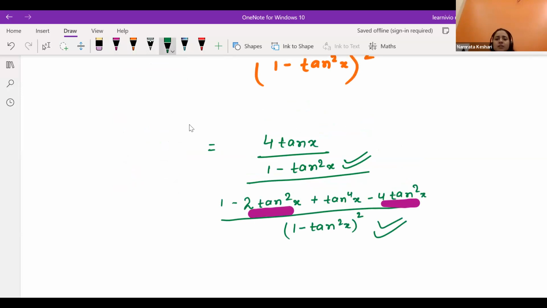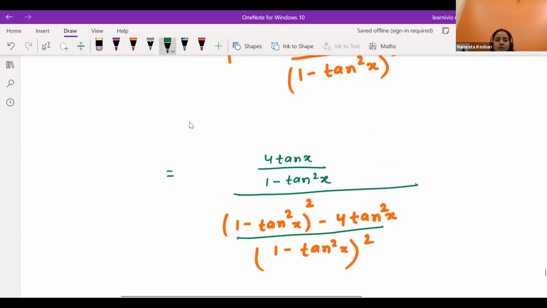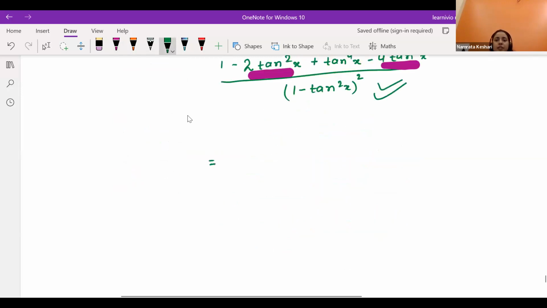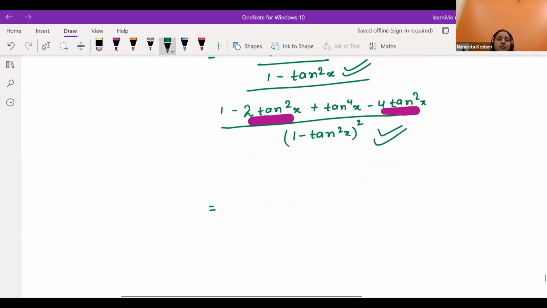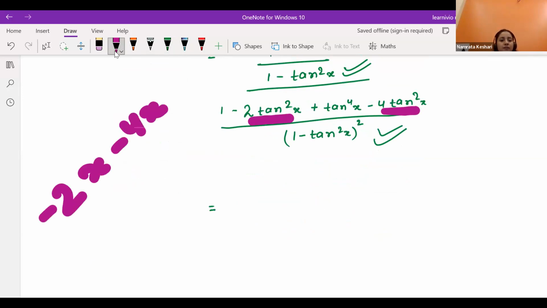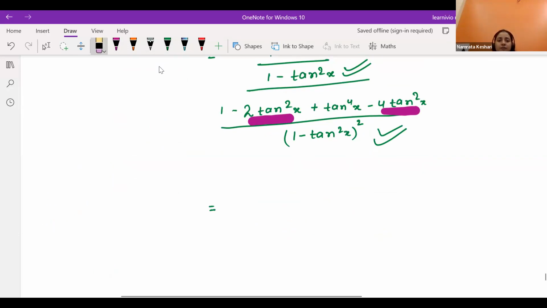Minus 2 tan square x minus 4 tan square x: minus 2x minus 4x, your answer will be minus 6x. So here it will be nothing but minus 6 tan square x, can we say that? Yes, ma'am. Okay, let's continue.